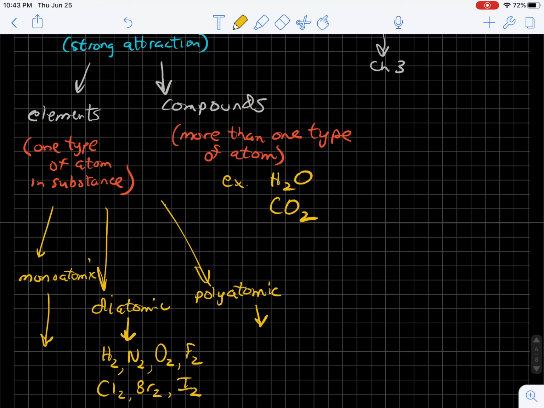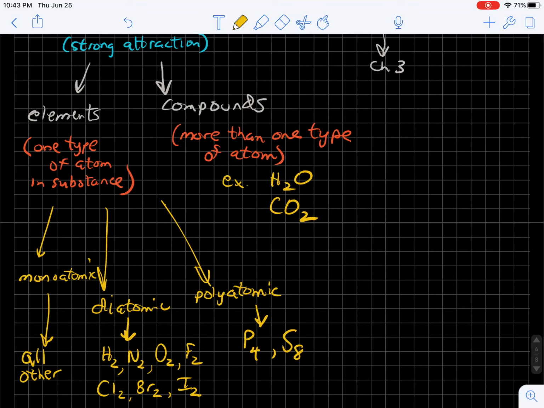They exist in groups of more than 2 atoms together, and one of them is phosphorus. It is what's called tetravalent, so it exists as groups of 4, and sulfur, which is octavalent, which exists as groups of 8. And the ones that can exist as individual units are all the other elements on the periodic table.